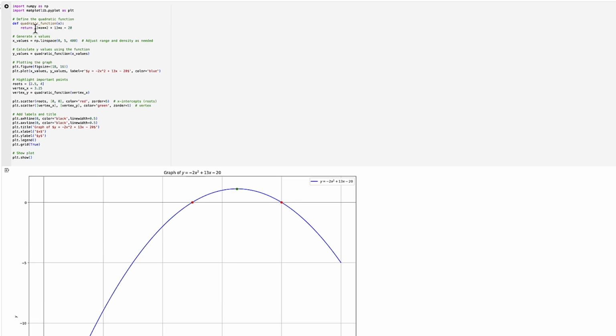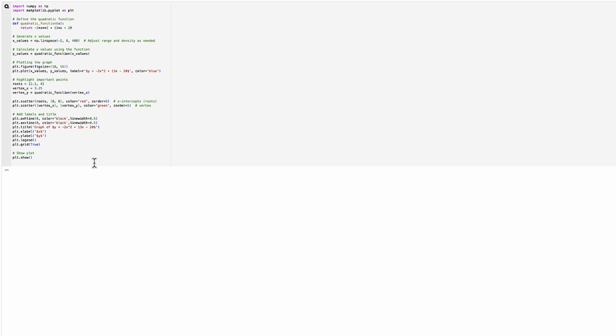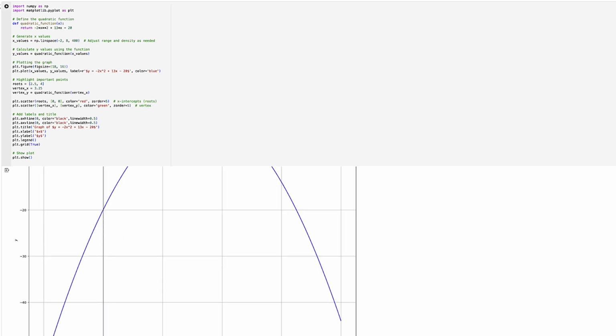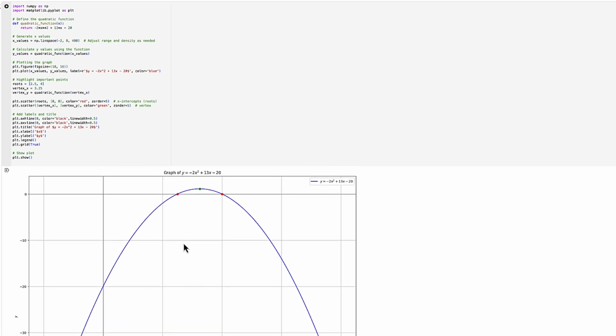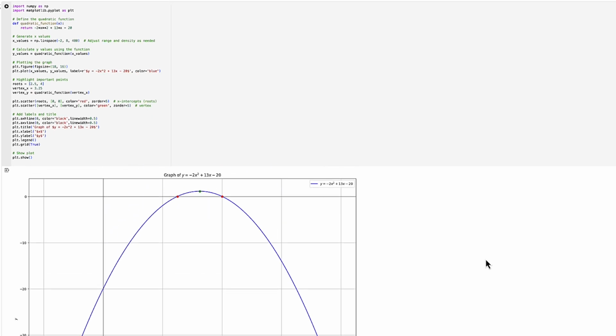Let's see, you can see here is -2 times x to the power of 2. Right here, 0 to 5, okay. Generate x values. So let's go not from 0, but about -1 or -2, -2 to, say, 7 or 8. Right? From -2 to 8. Okay, and you can see that right here.